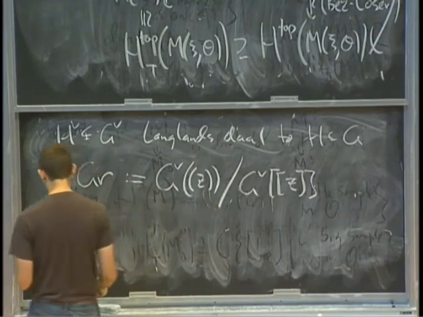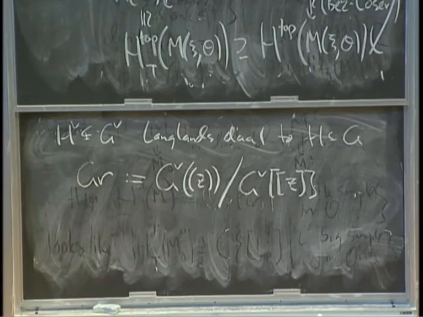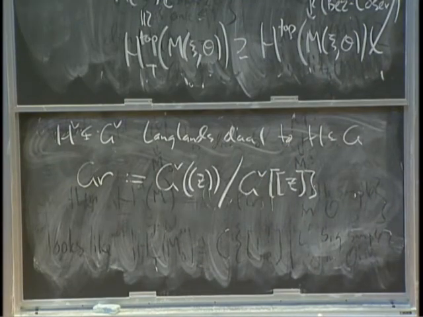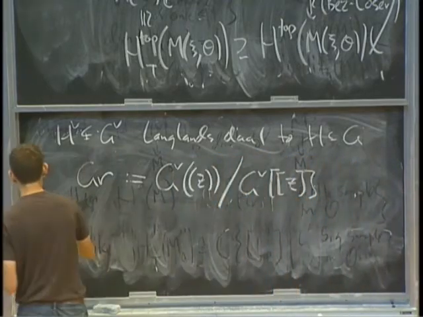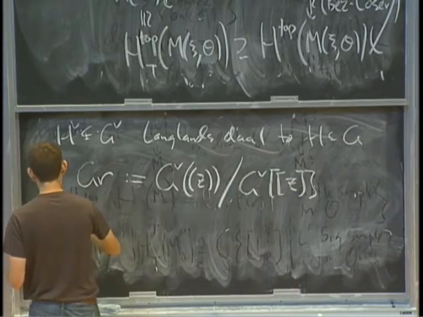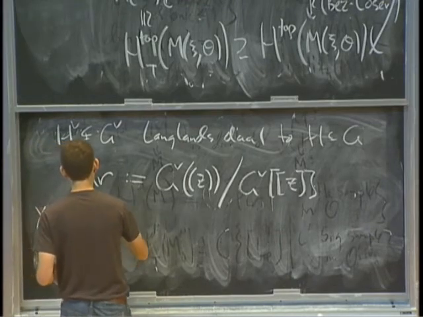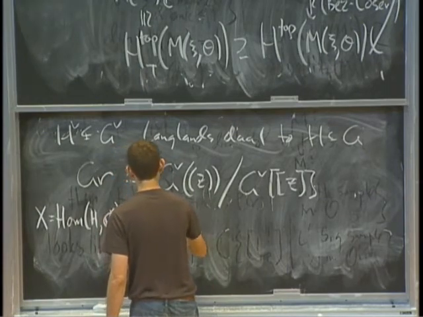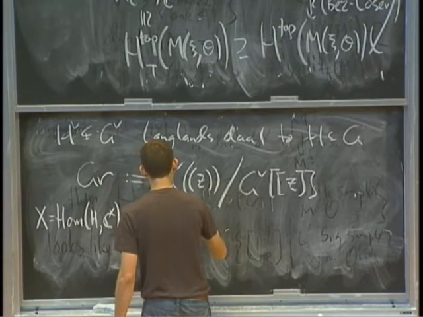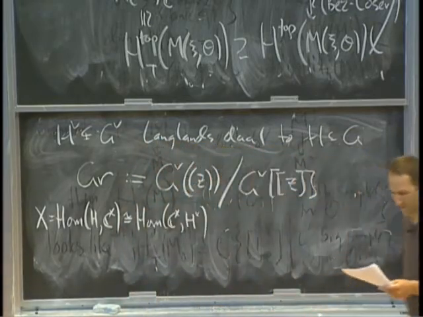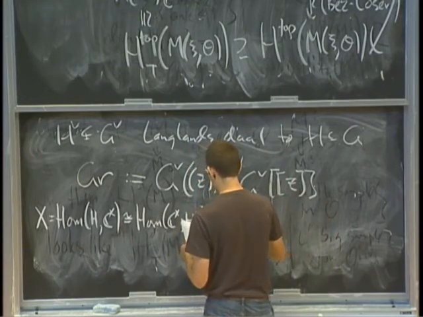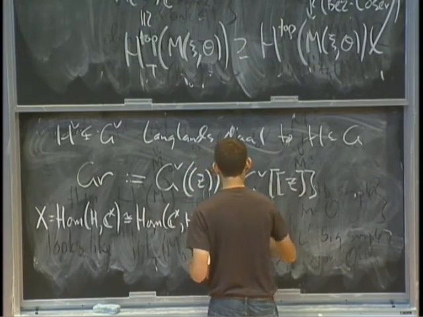Okay. And remember X was the weight lattice for G. And I want to realize X sitting inside of Gr. So I'll explain how that works. X is by definition Hom from H to C star. But that's isomorphic to Hom from C star to the dual torus, H check. And this sits inside of H check Laurent series in z.